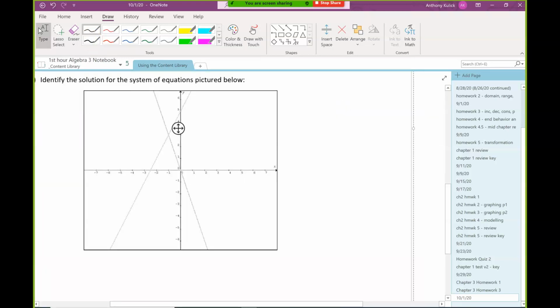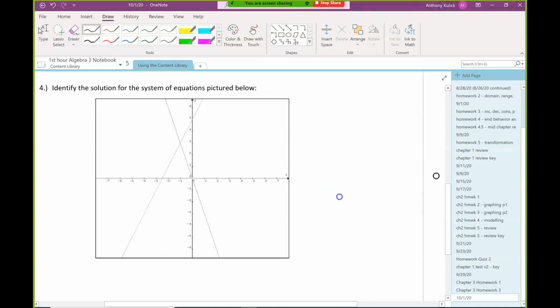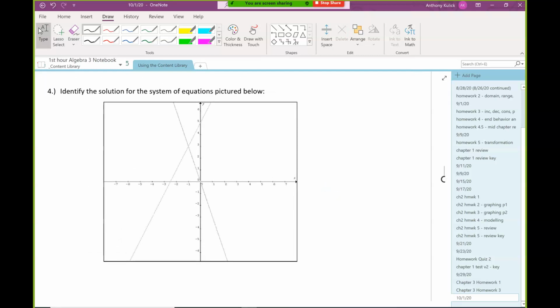Okay. So this is number 4. We're asked to identify the solution for the system pictured. We talked about how the solution to a system is a point that lies on both lines, so in that case we're just talking about the intersection.